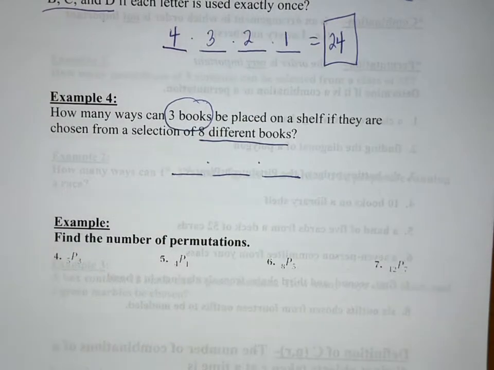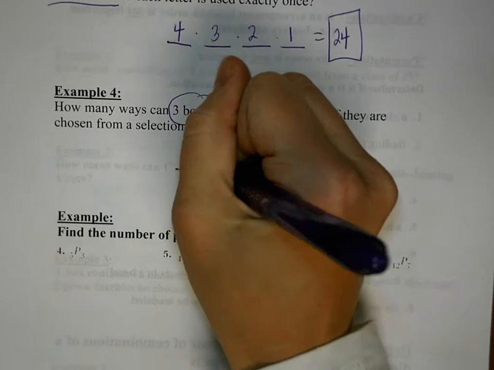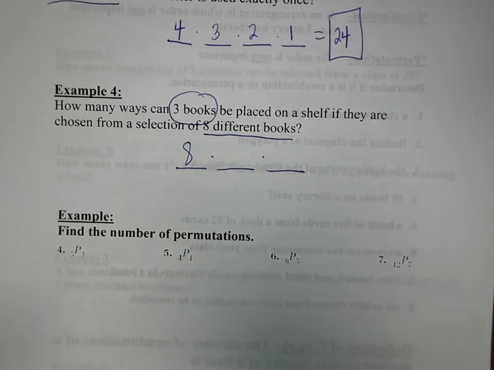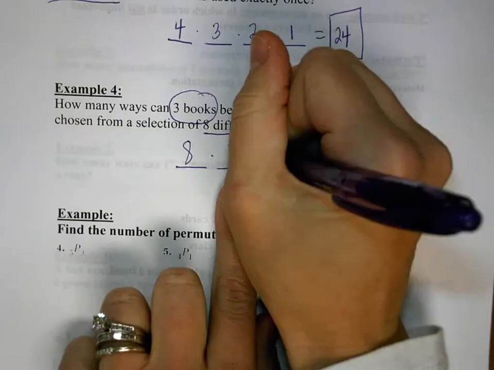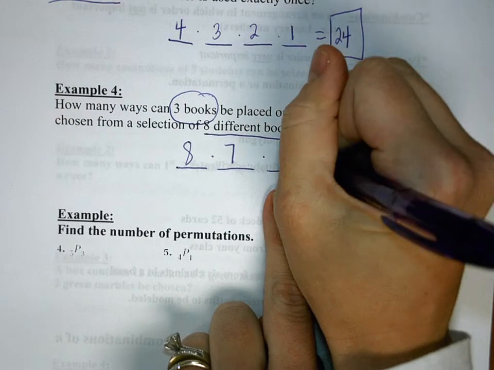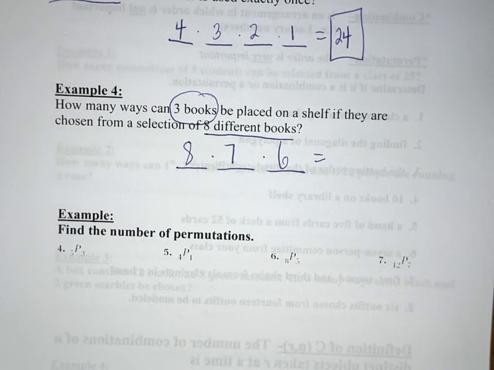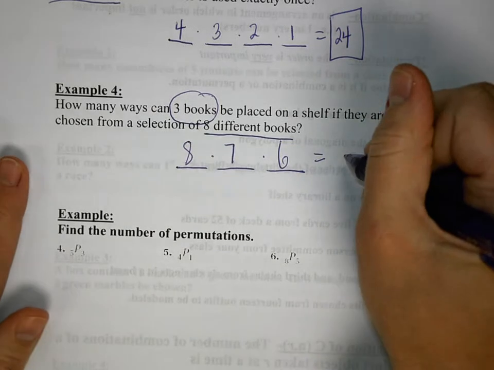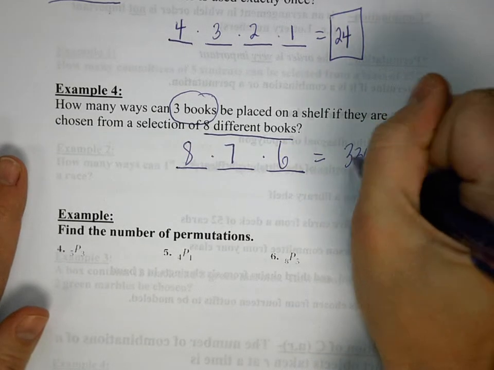How many books do I have to choose from? 8. So I have 8 in this first one. Now, once you choose a book, could I choose that same book again? No. So it's going to be 8 times 7 times 6. And we multiply that together, and what do we get? 336 would be the correct answer.